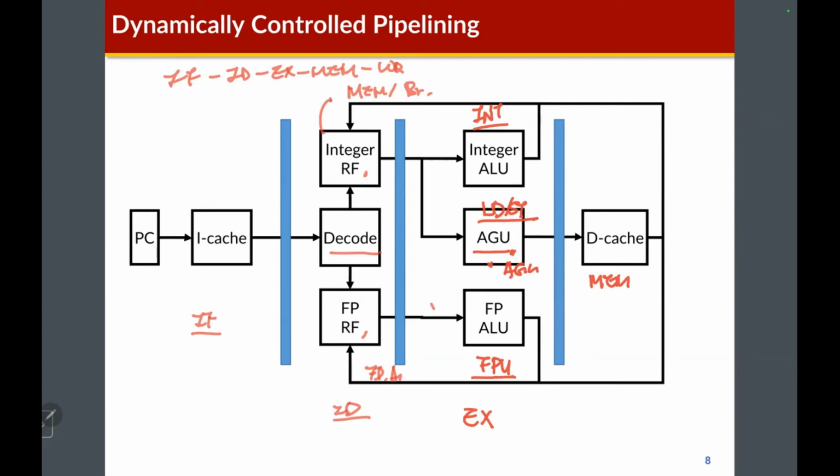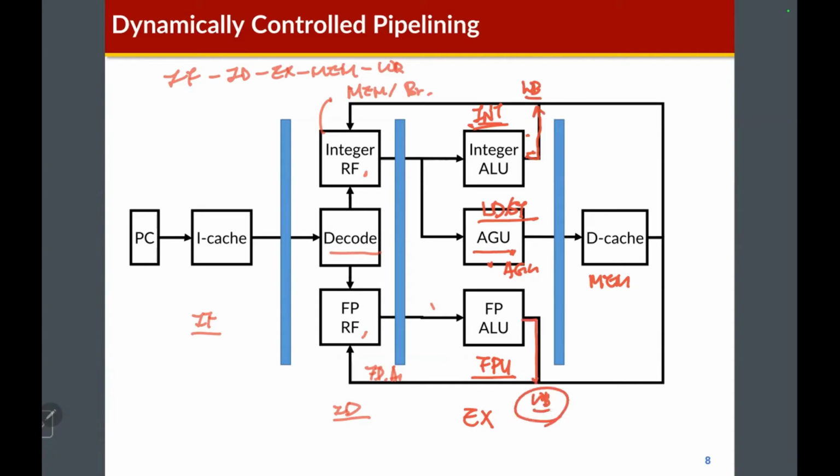If we use the integer unit or floating point unit, then we don't need to access memory, the data cache, which means that if the execution is completed, the result can be written back to the register file here. So we can make the write back path here.